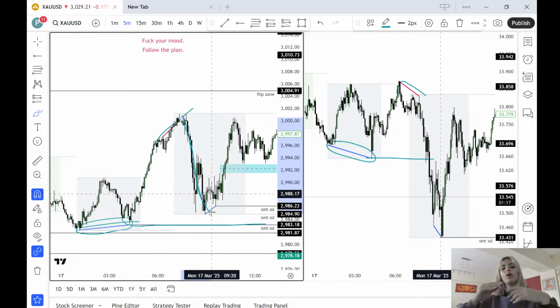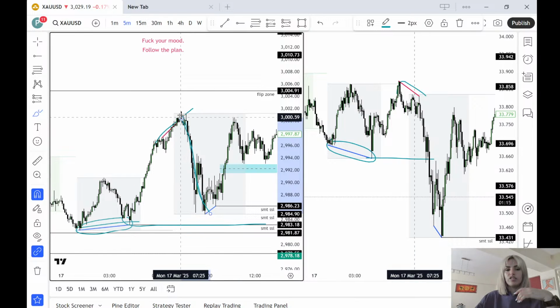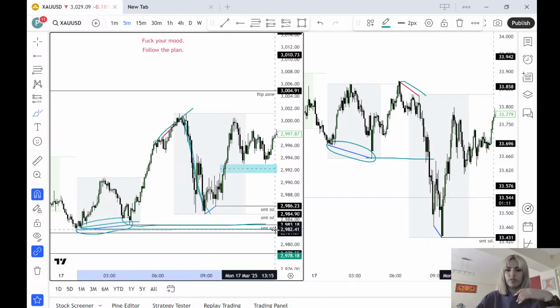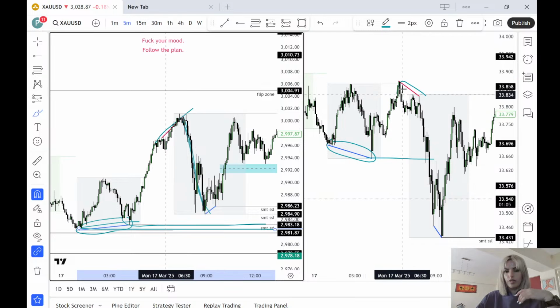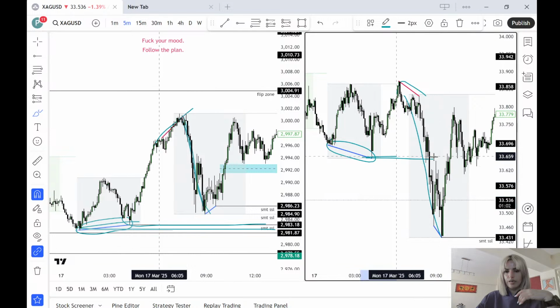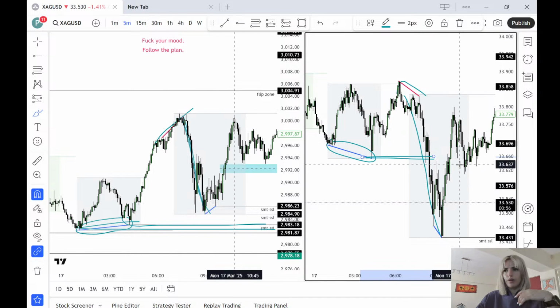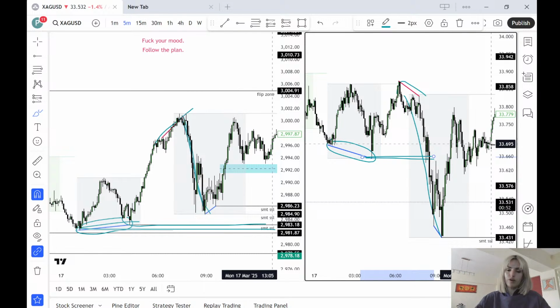Now, if you see one pair, despite heavily dropping, not actually going to an SMT area where it would find liquidity, but the other pair does go to that liquidity area, then you know the pair you're using as your indicator, which for me is silver, indicates whether the market is oversold.